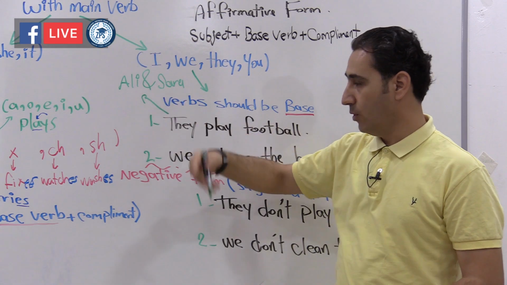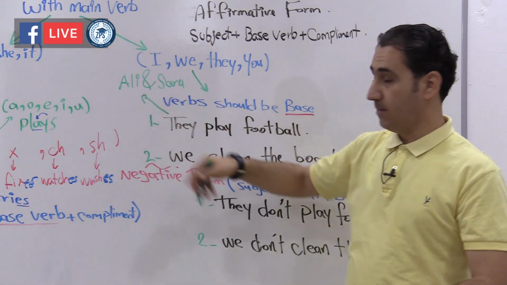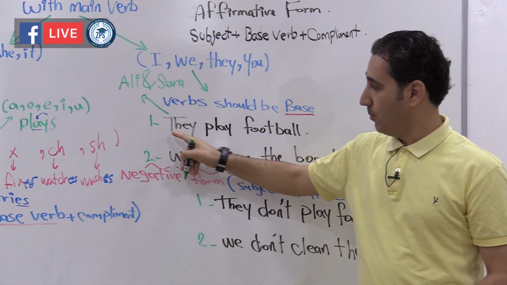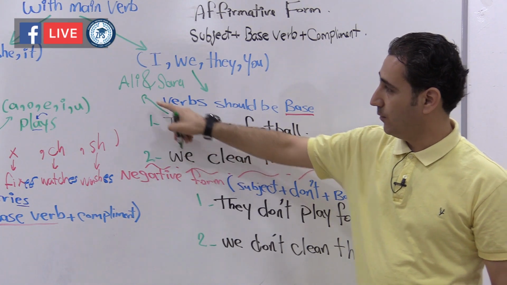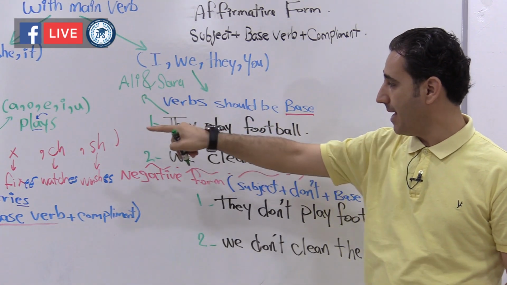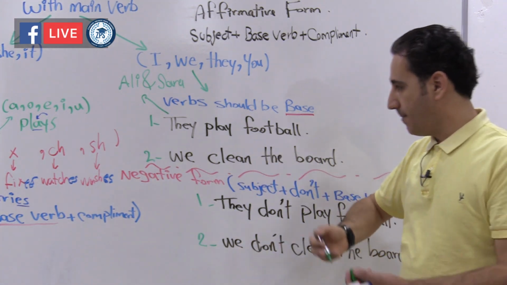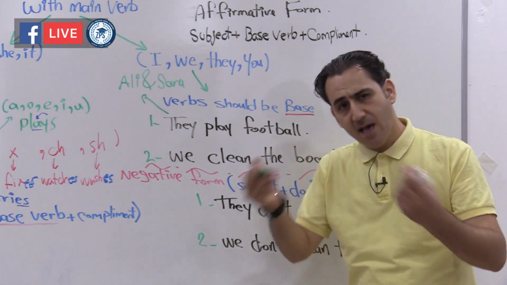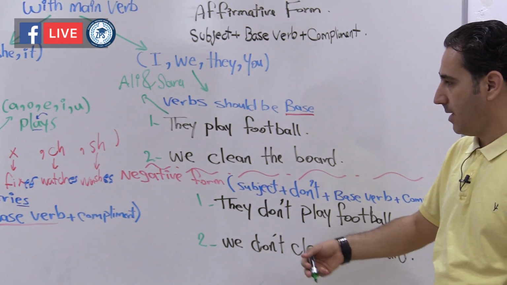So two and more than two persons become what? They. Look, they, instead of using Ali and Sarah, they play football every day, let's say. They play football every day as a habit, okay?